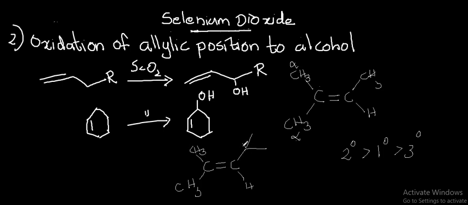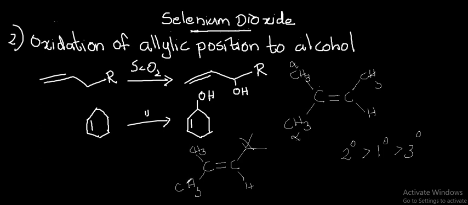So the first and second rules are in contrary. Then in such cases, the first rule is preferred. That is, this carbon gets oxidized, not this carbon. This allylic position will get oxidized.